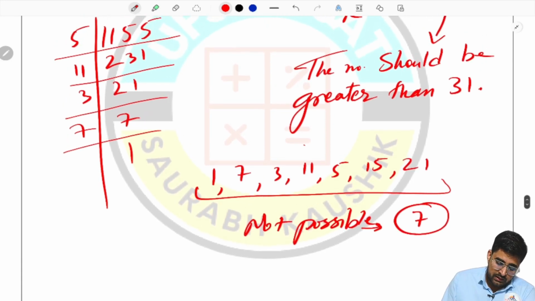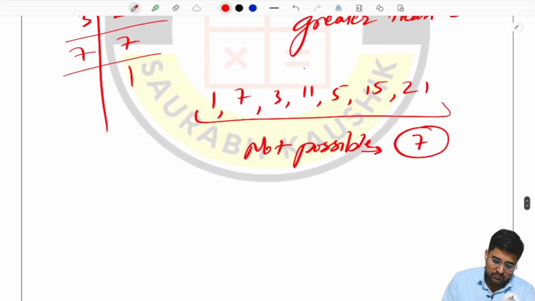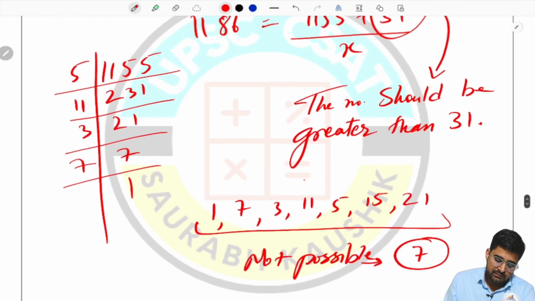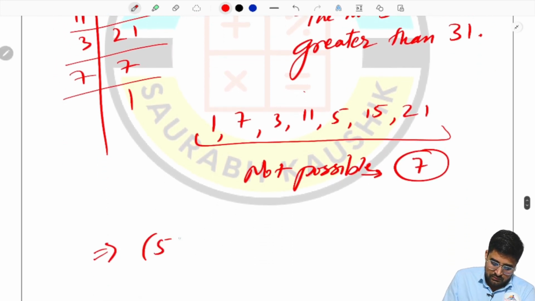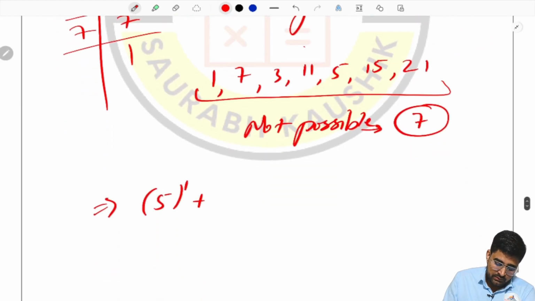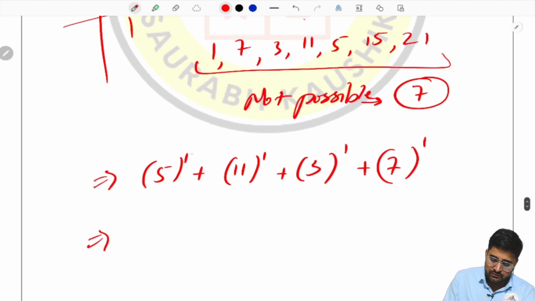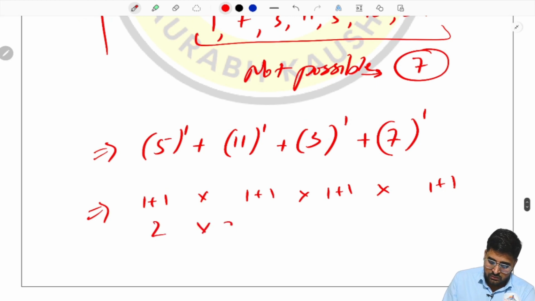Now how many are possible? We have studied that when you have to calculate the total number of factors, just do one thing. For 5, 11, 3 and 7, add 1 to each power. So 1 plus 1, 1 plus 1, 1 plus 1, 1 plus 1 become 2, 2, 2, 2.